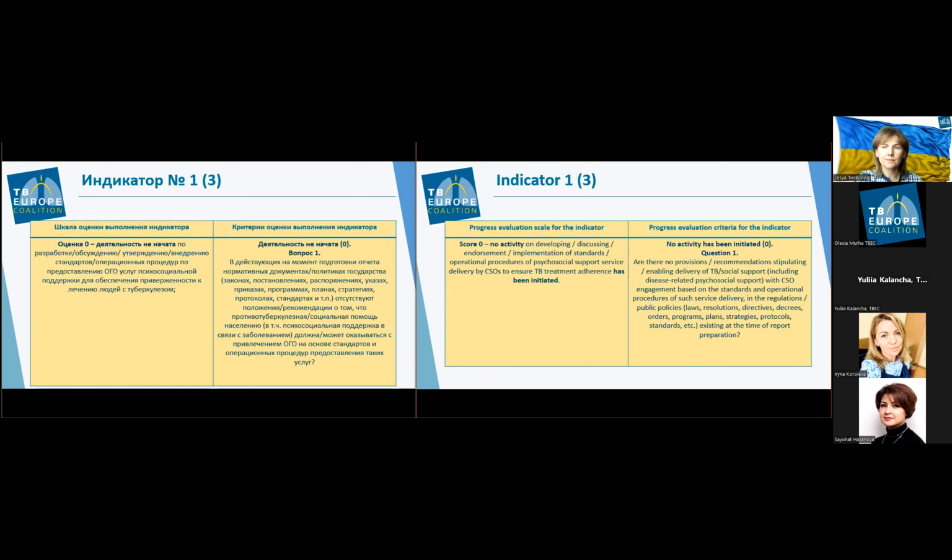Here we can see that in the regulatory documents or policies of the state, there are no provisions or recommendations on that TB social assistance for population must or can be provided involving CSOs based on standards and SOPs for provision of these services. Actually, it is quite obvious. 0, it means that there are no such documents in the country. Next slide.